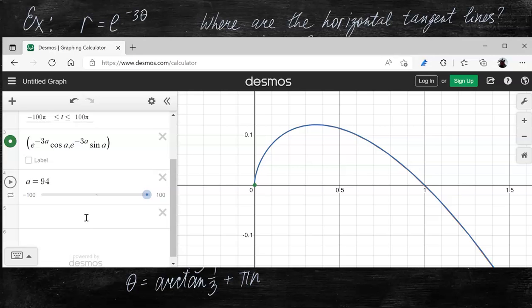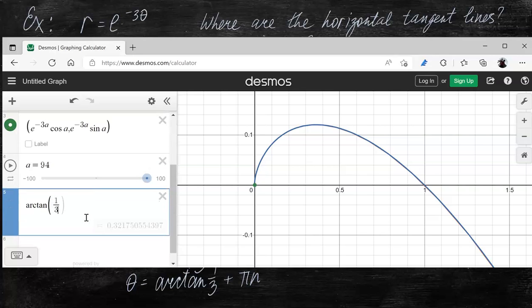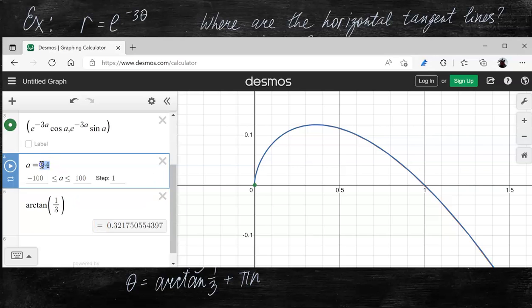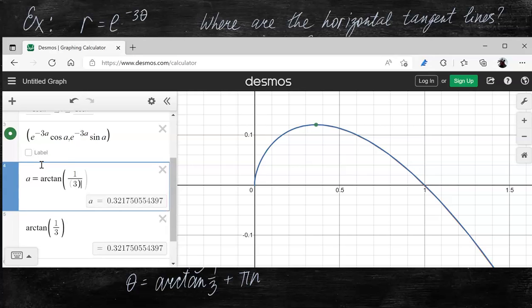When theta is equal to arctan of 1/3, so when we make a equal to arctan of 1/3, this is the point where we get the horizontal tangent line.